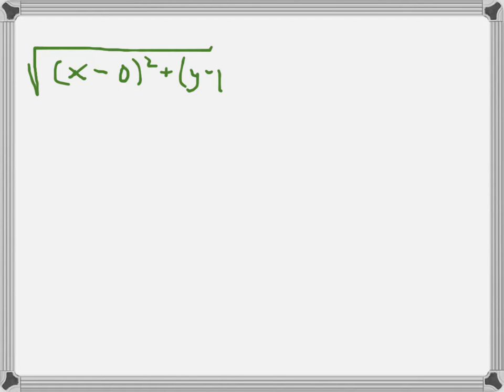So, from the point xy to the focus, my point was just xy. The x coordinate for my focus was 0. And my first y coordinate was y, but my second y coordinate is p.